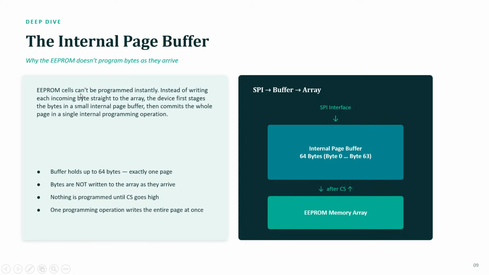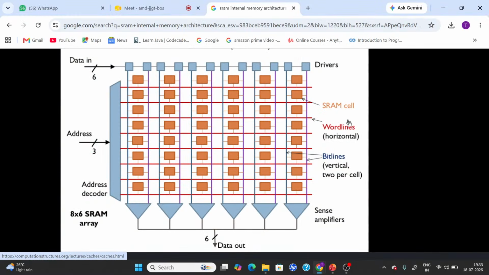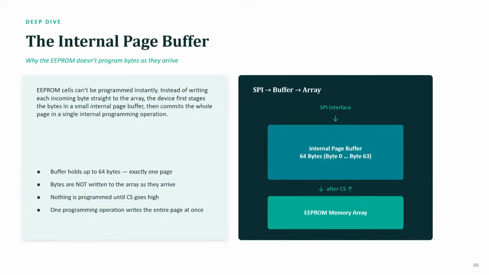EEPROM cells can't be programmed instantly. Instead of writing each incoming byte straight to the array, as I've shown you in this part, the device first stages the bytes in a small internal page buffer and then commits the whole page in a single internal programming operation.